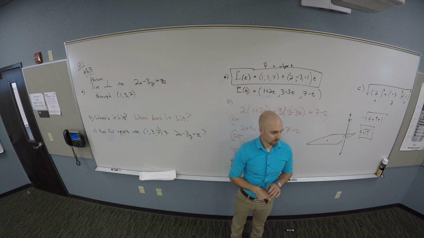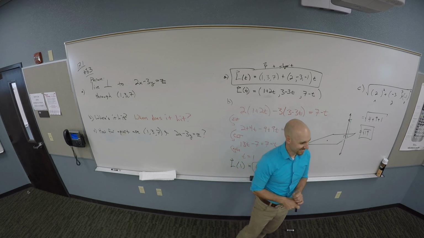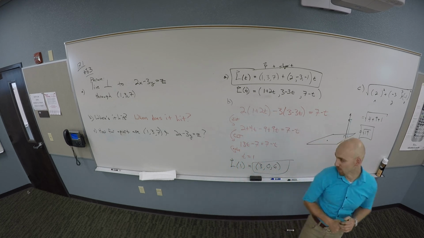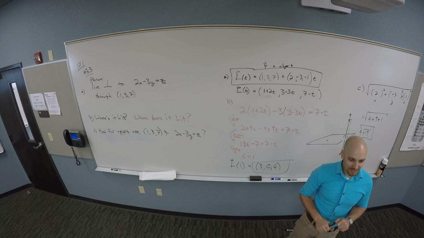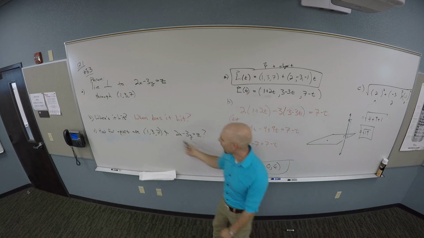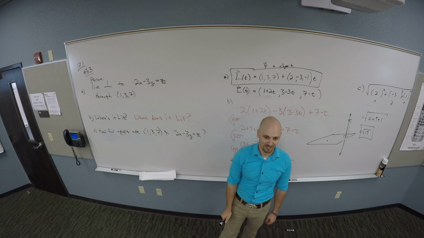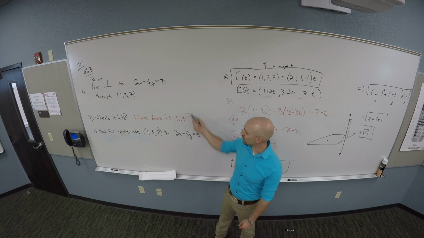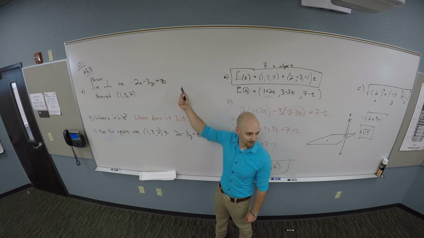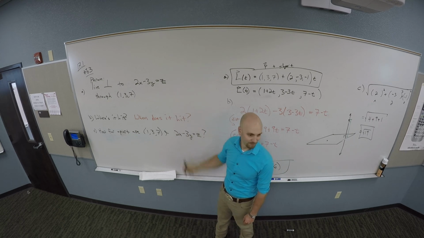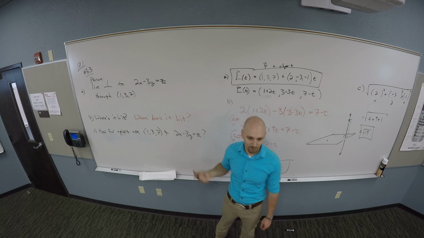I like that question. You like that question? Should put it on the test. It's a very cool question because it kind of helps you out. If they had just asked part C, how far apart are this thing and this thing, you don't have much to work with. You have to kind of intuit that you should find the line perpendicular to the plane, figure out where it hits, and then take the distance formula between those.